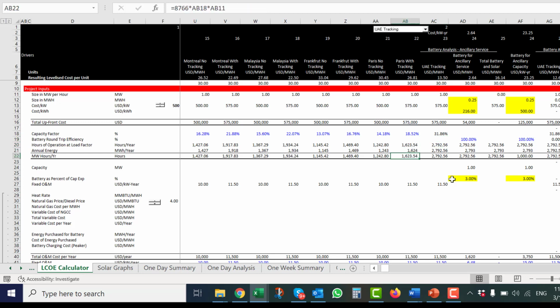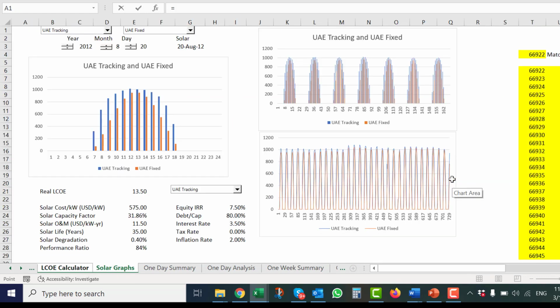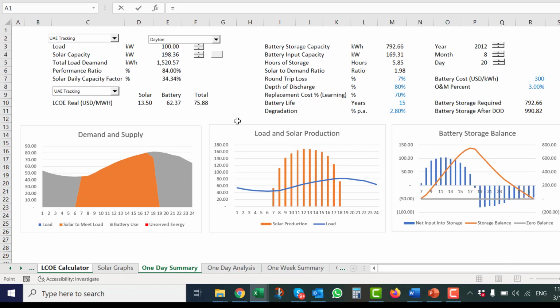Now what we need here is the capacity factor and all of that, but what we really need is the total amount of load over a day, but this is all on an annual basis.